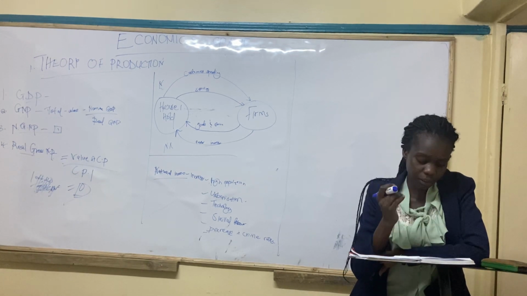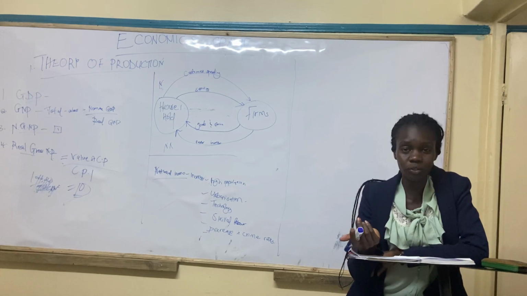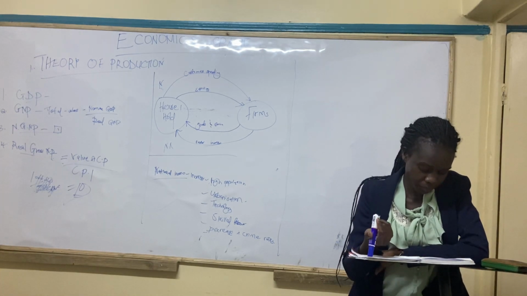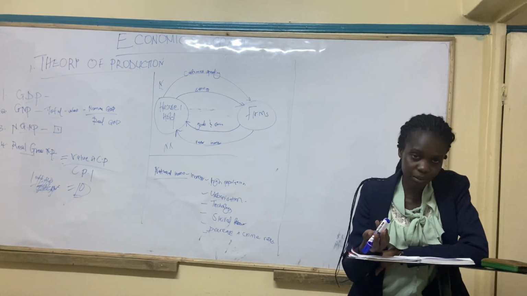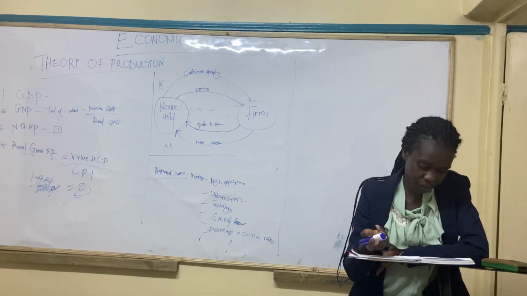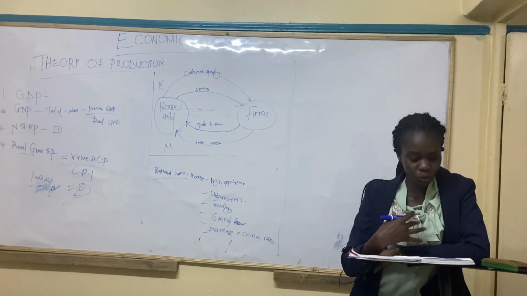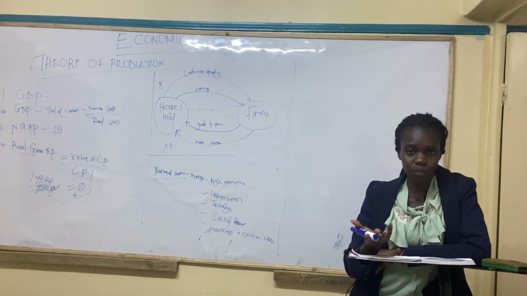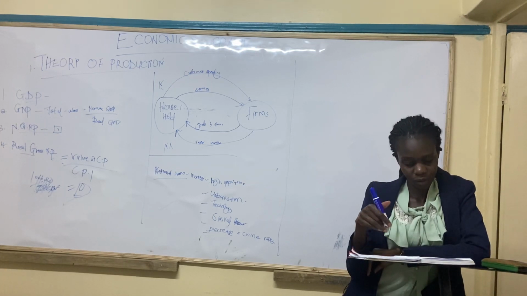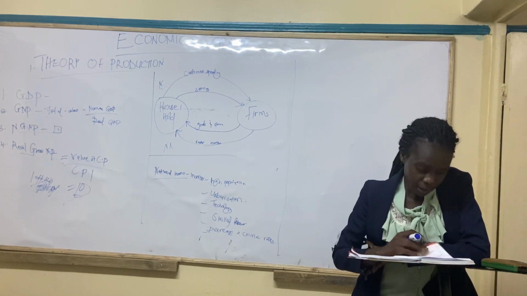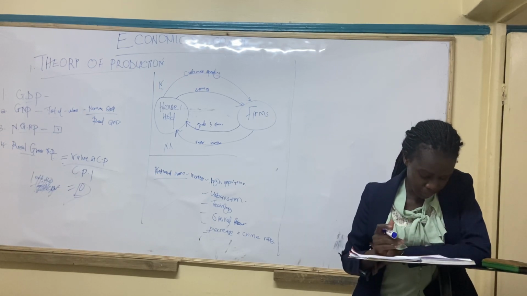So we go to another topic, that is consumption, savings and investments. So what is consumption, what is savings, what is investment? Consumption are goods we use, we consume. Savings is what we put for future, and we also have investments.